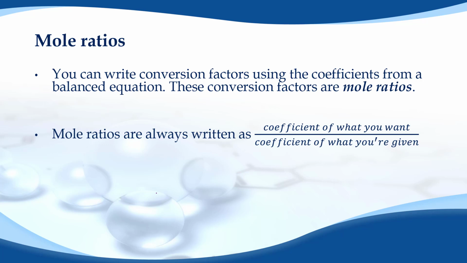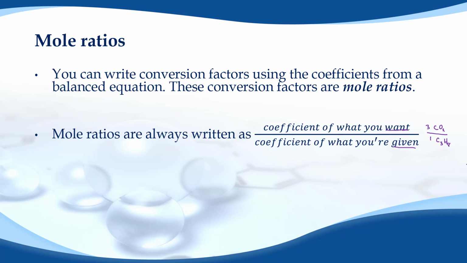So you'll say 3 moles CO2 if that's what I want. And then on the bottom I would say either like 1 mole C3H8 if that's what I was given, or 5 moles H2O if I was given water. So that's the mole ratio. Again, just make sure you write it correctly. It's always going to be what you want over what you have.